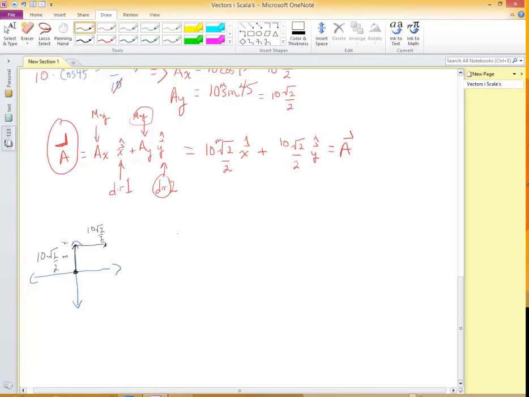The way he would do that is kind of the same way. He knows he's traveled in the y direction 10 square root of 2 over 2, and in the x direction 10 square root of 2 over 2 as well. But he needs to calculate this third side.